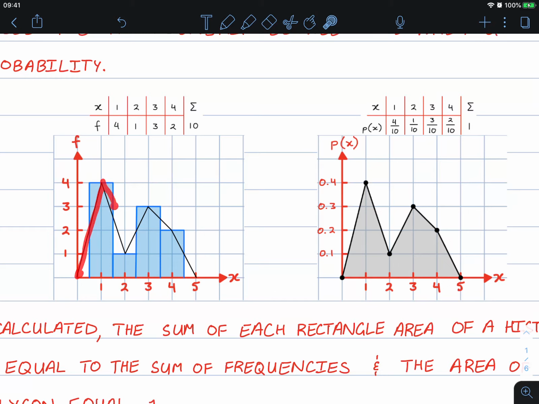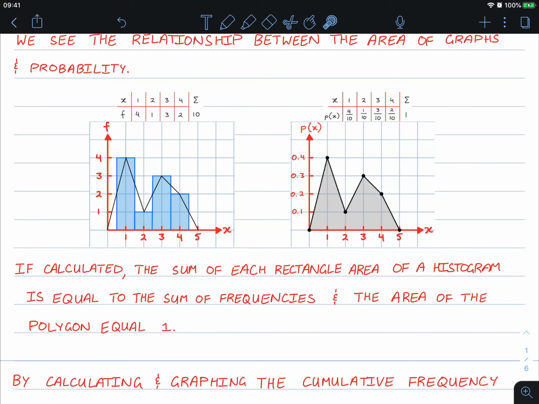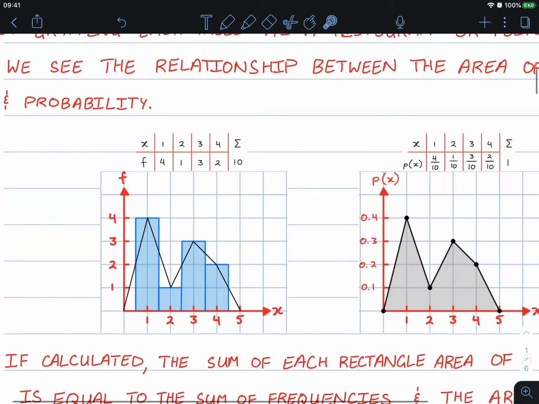Notice how the area from, let's say, 0 to 2, so this area, must be equivalent to the area from 1 to 2 of its probability. If we calculate it, the sum of each rectangle of a histogram is actually equal to the sum of its frequencies. So meaning if we add this up, this is 4 by 1, 1 by 1, 3 by 1, 1 by 2.